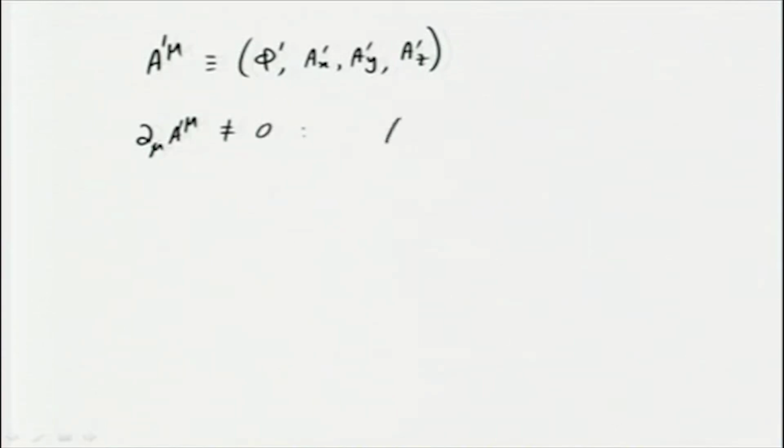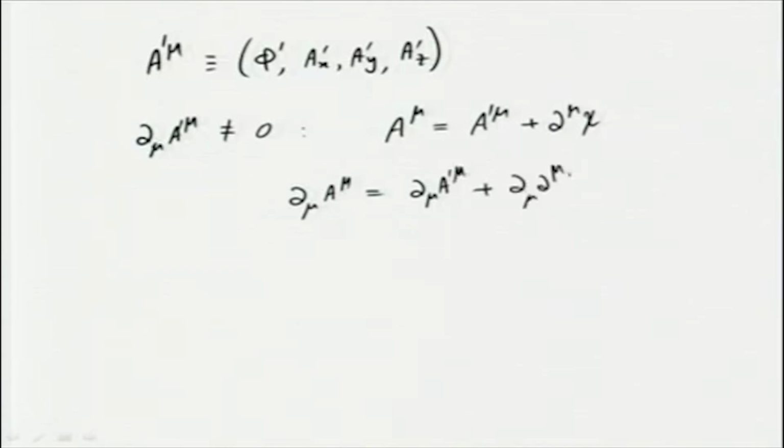But then I make a transformation to A mu which is equal to A prime mu plus dou mu chi, where chi is some scalar field, scalar potential, scalar function. Take the derivative of A mu, that is a derivative of A prime mu and dou mu of chi.